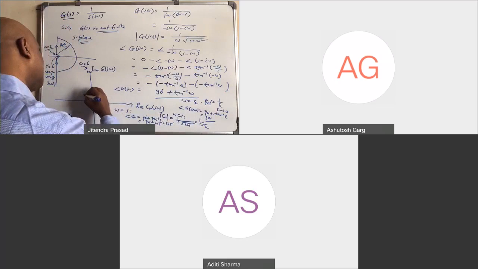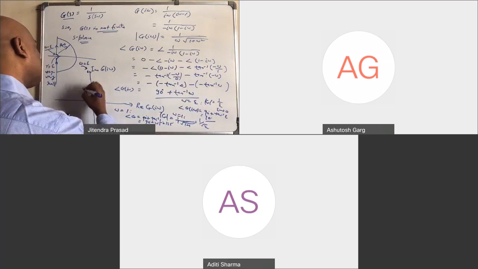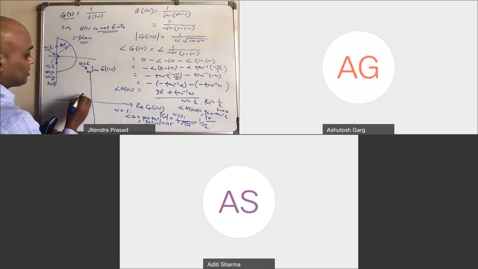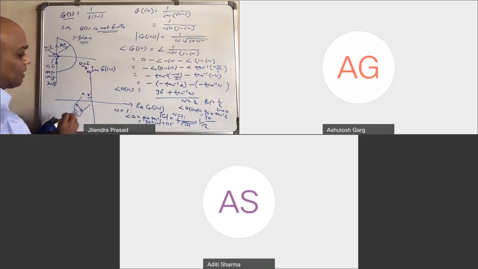So let us say this is 45 degree, and will be somewhere here, and distance from here to here is 1 over root 2.